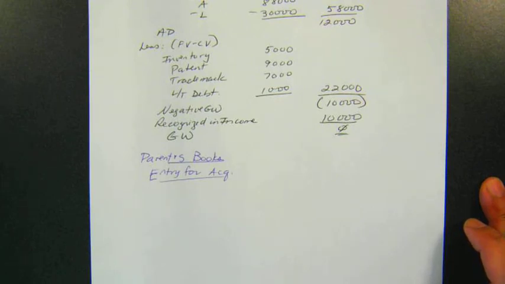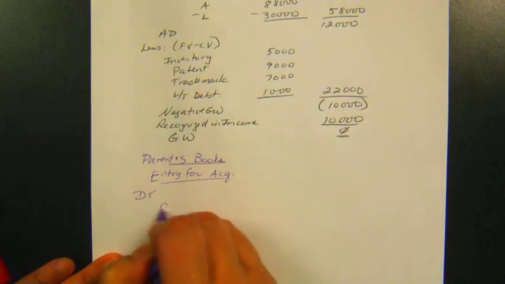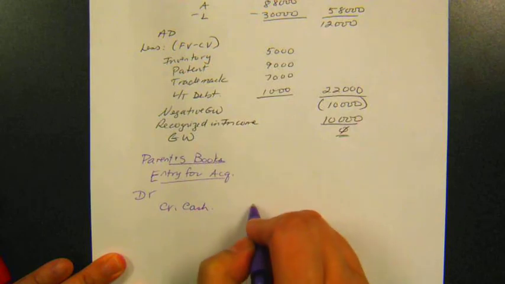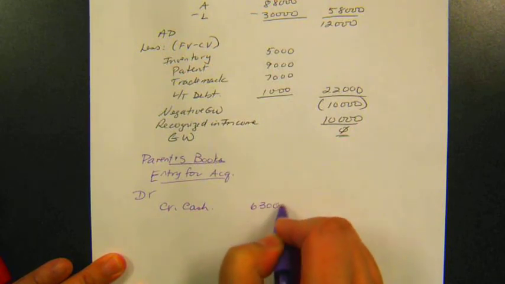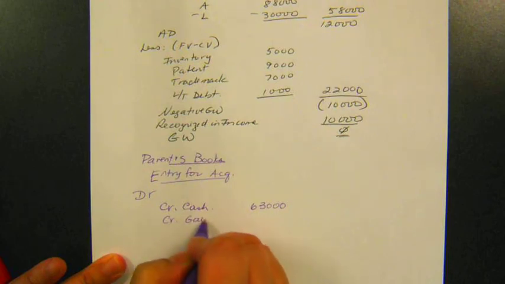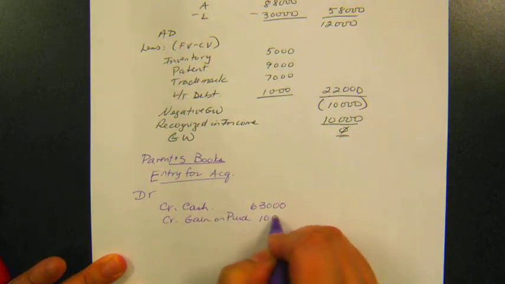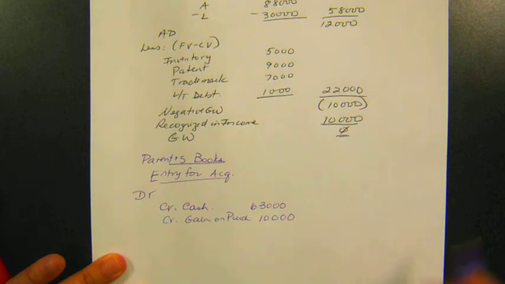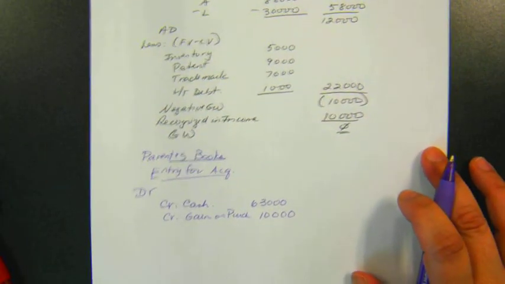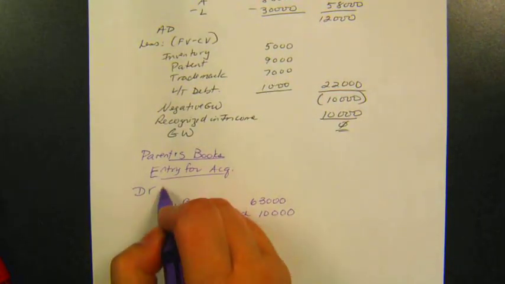They credit the cash gain. Perfect. Credit the cash for 63,000, what they actually paid. Then they credit the gain on purchase of... Okay, I get that. What are we going to debit then? Investment. Good.